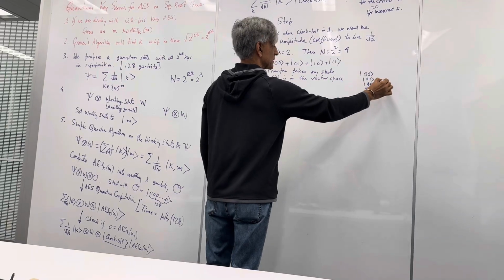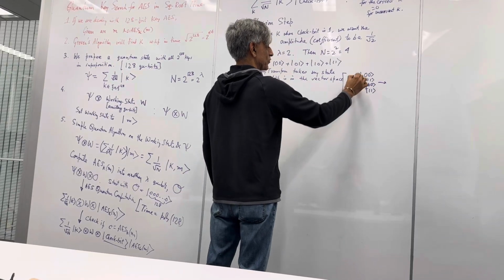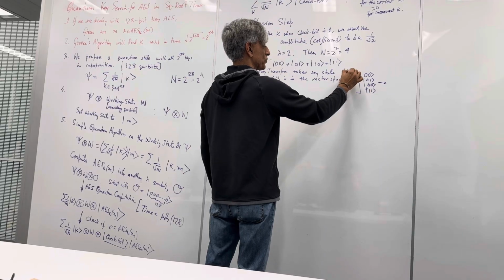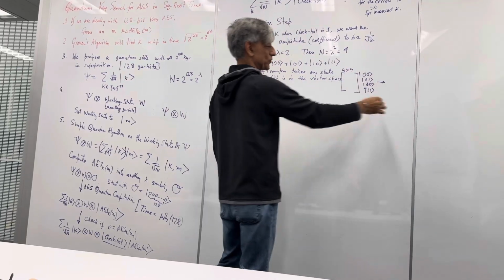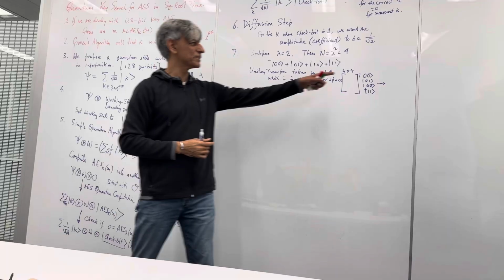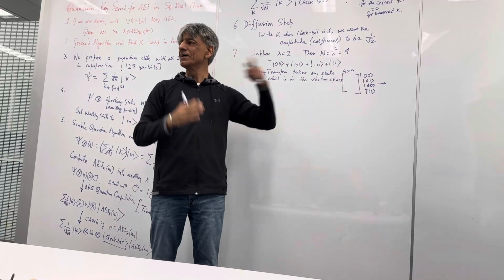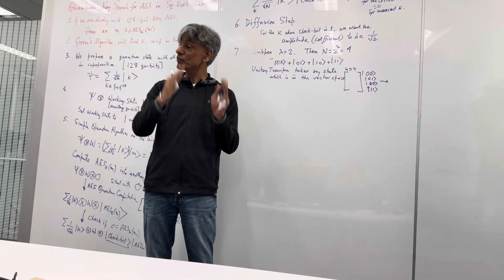So you'll multiply it by a 4 by 4 matrix and you will get a new set of coefficients. So whatever the coefficients of these were, the unitary transform works on the coefficients.